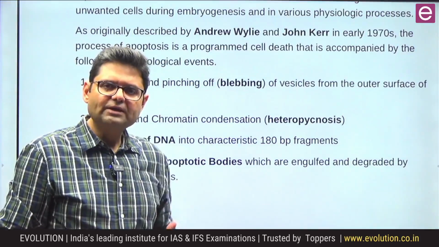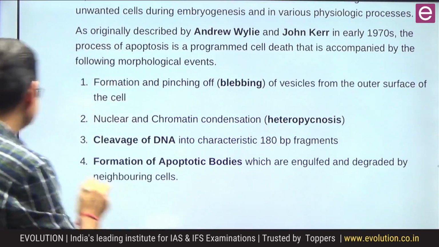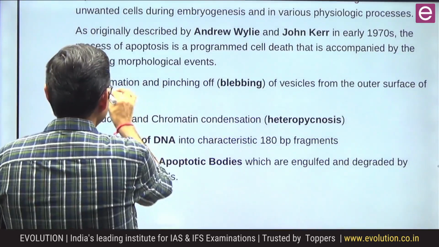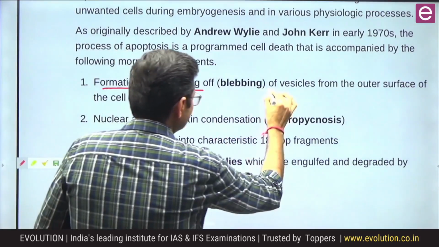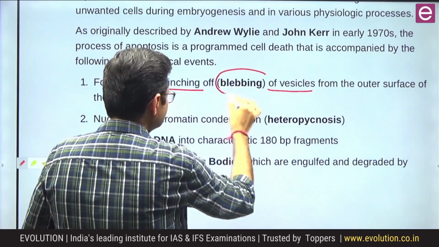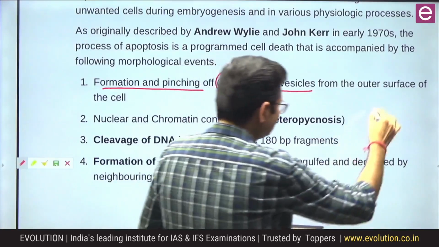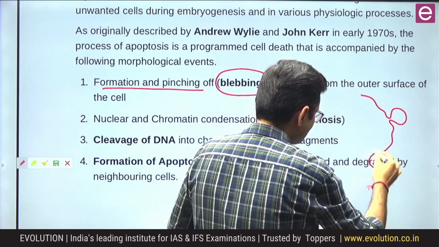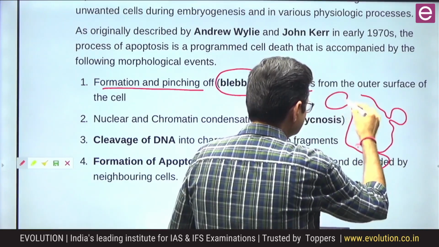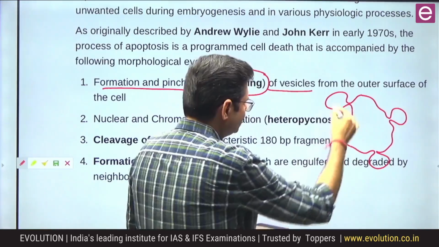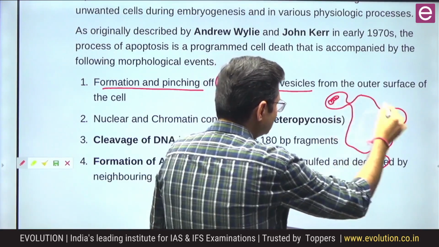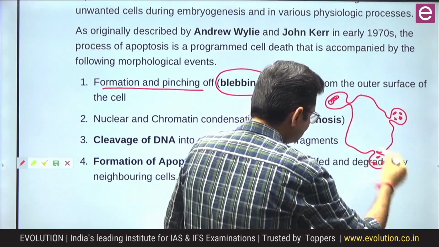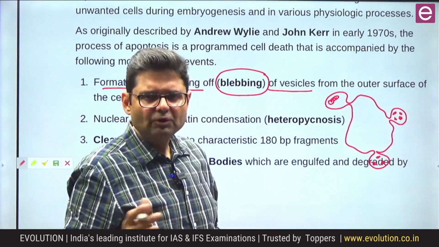So what is the first thing that you see in a cell that is going through apoptosis? The first thing is the formation and pinching off of vesicles, and there is a name for that, that is blebbing. That means a cell that is dying will be forming outbound vesicles like this. Inside those vesicles, there are different cellular components, and these will then be eaten away by the neighborhood macrophages.